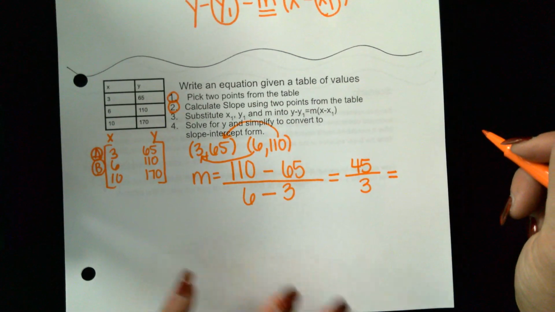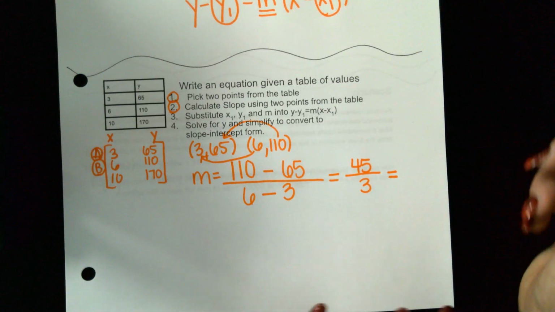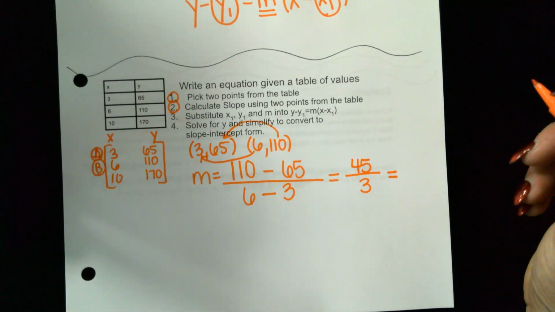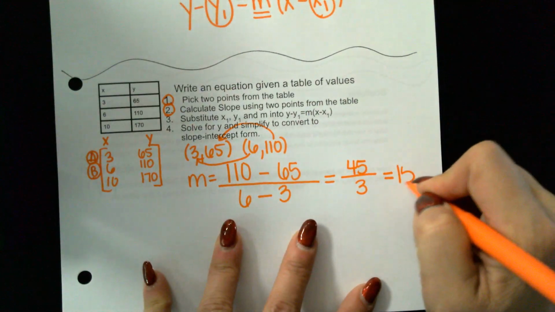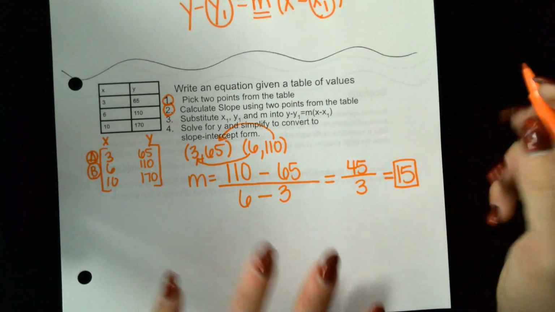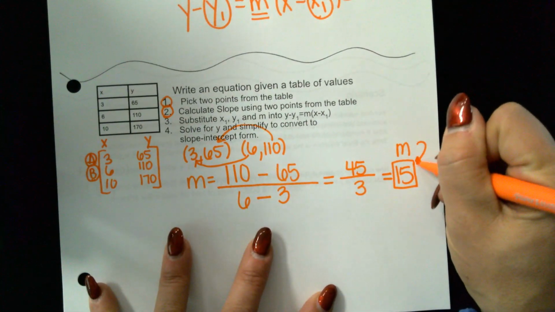So now divide 45 by 3, please. 15. Are we all getting 15 when we do that division? Just remember, that is our slope.